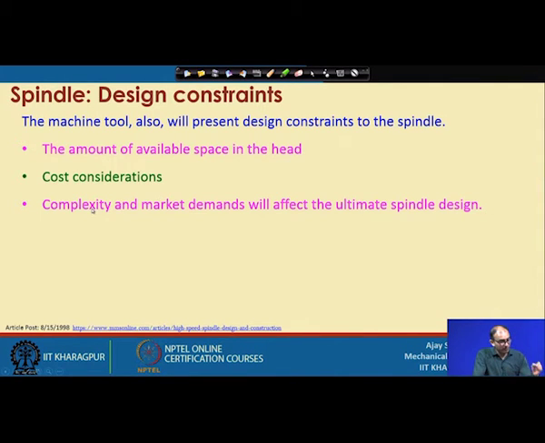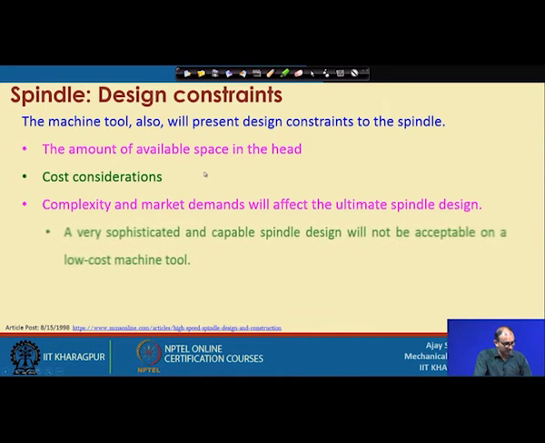Complexity means, when you mount an additional spindle, what are the things you have to change in the machine tool, and whether it is favorable or not. Market demand means, what is the purpose of adding the spindle, how much job work you are getting, and what is the cost to demand ratio. If the demand is very high, it is better to spend some money to get this done easily.